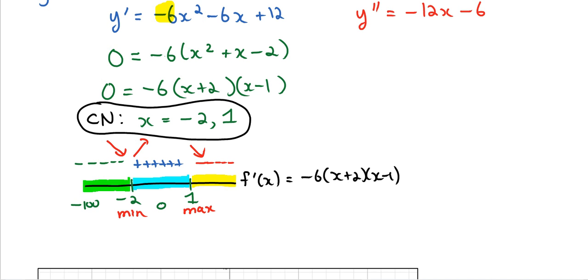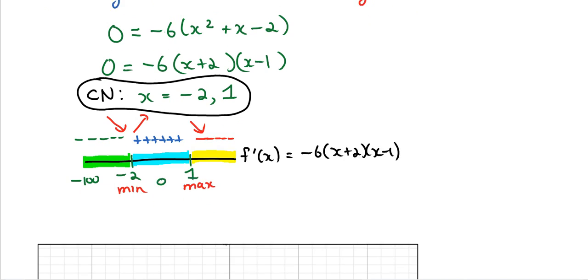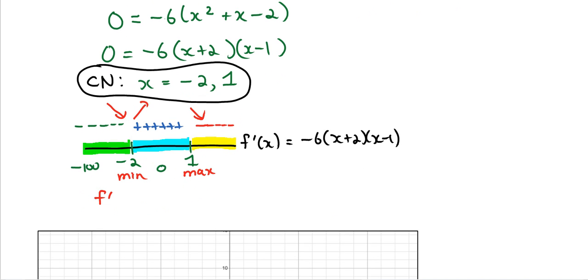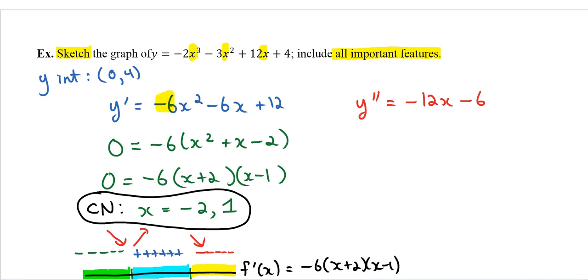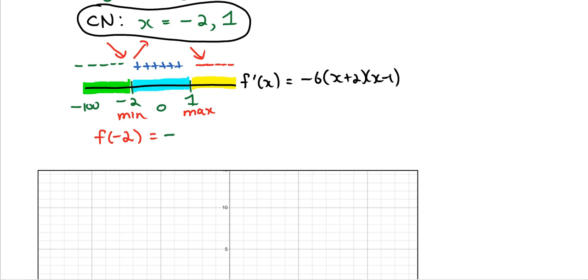Okay, so let's go ahead and find the coordinates of my maximum and minimum points. If I evaluate f of negative 2, that means I'm plugging negative 2 back into my original equation, which is right here. I will get a value of negative 16. So f of negative 2 equals negative 16, so that means at negative 2, negative 16 I have a minimum value.